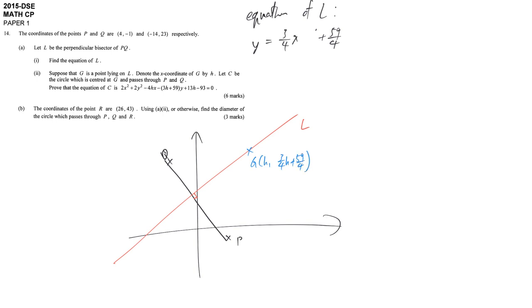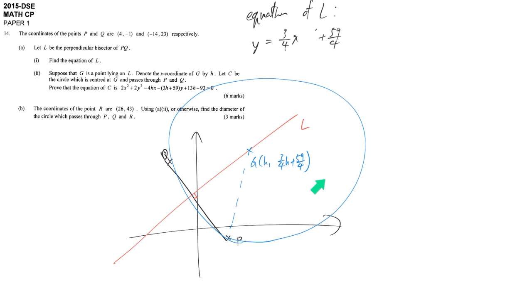And then it forms a circle, and that circle will pass through P. So this is the radius, and it forms a circle like this. But it's not fixed, because G can slide along this line, and maybe make the circle bigger or make the circle smaller. But anyway, we already have the direction.